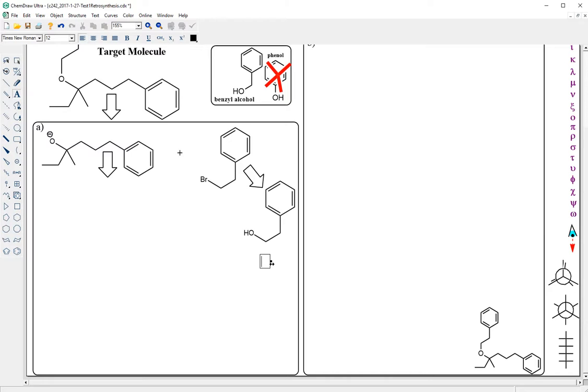Realizing that a Grignard or an organolithium reagent, if it attacks an aldehyde, will become a primary alcohol, that simplifies this problem to an aldehyde being attacked by an organolithium.